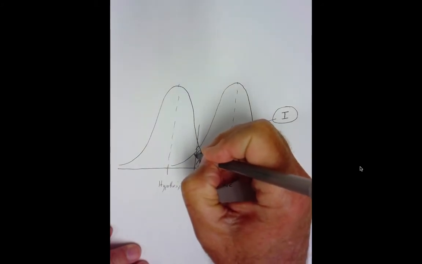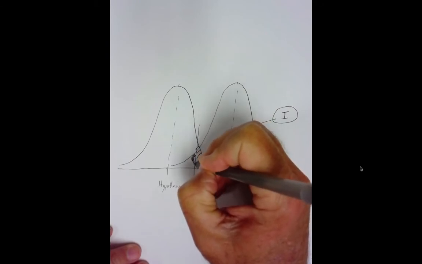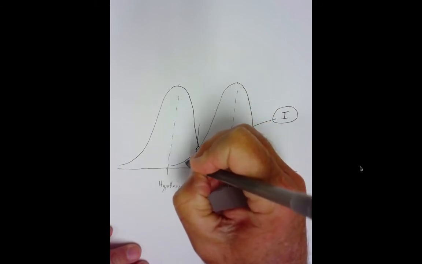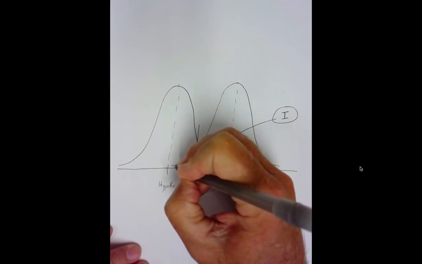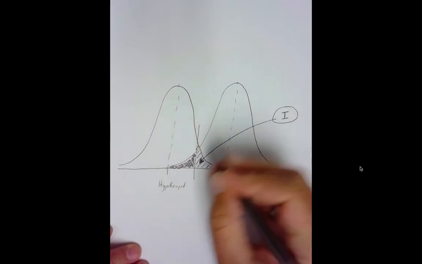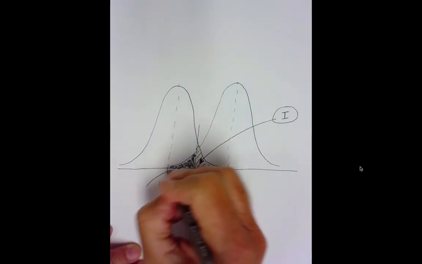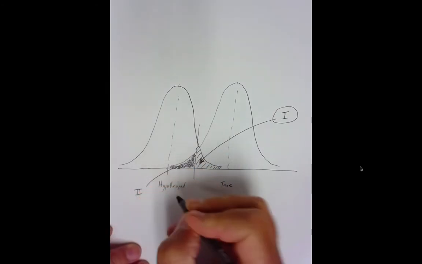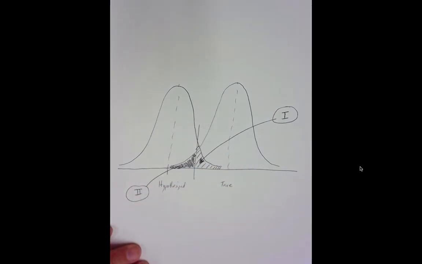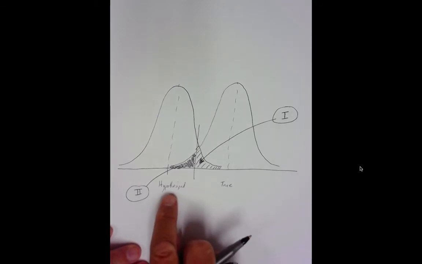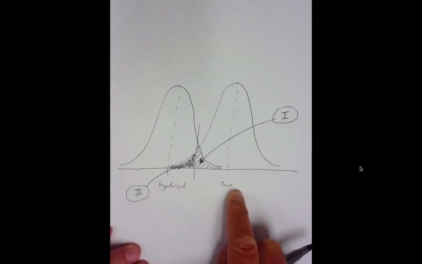This right here in this distribution is the probability of a type 2. And again, remember the definition of a type 2 error. H sub 0 is false. If it's false, it's got to be something else. So we're assuming here that the something else is the mean is equal to 42.